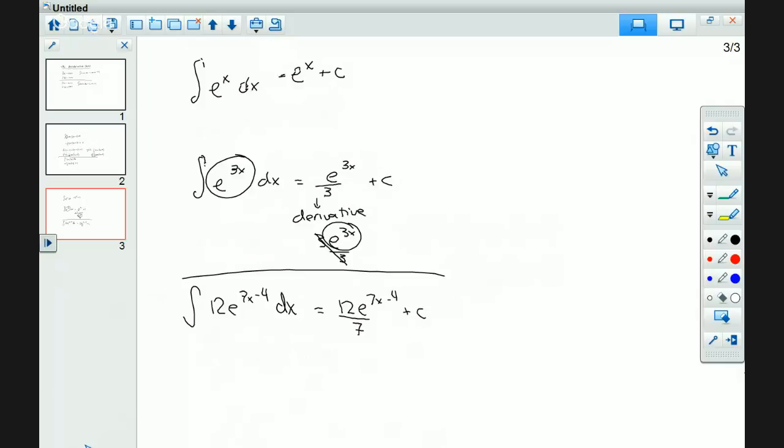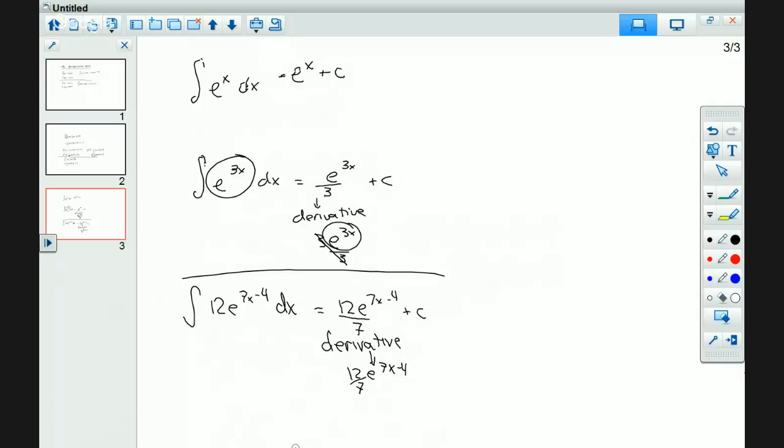Can you tell us how to take the derivative of that so we can check our work? I think you can calculate this derivative. 12/7. Copy.